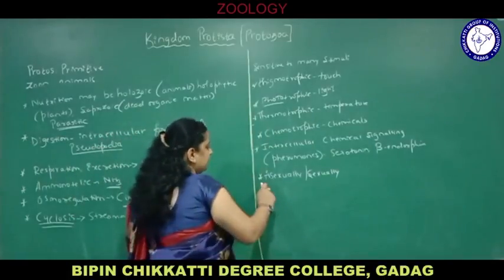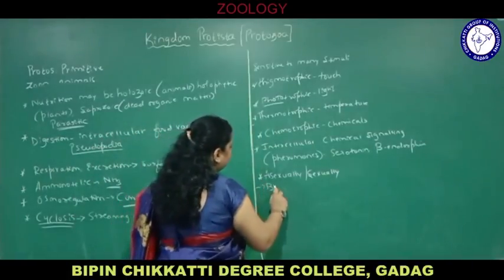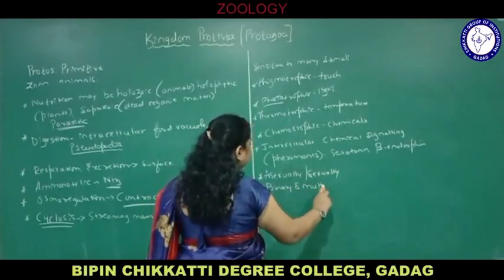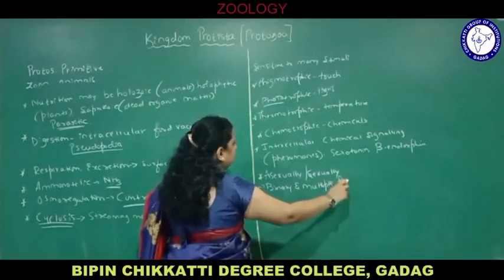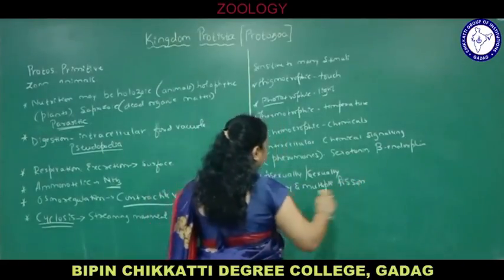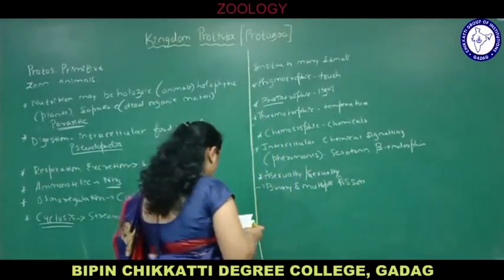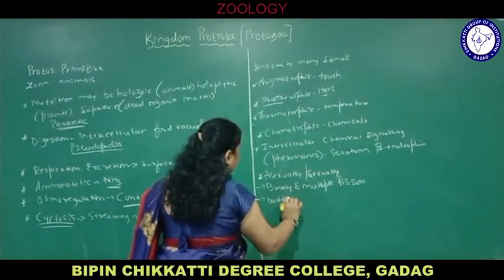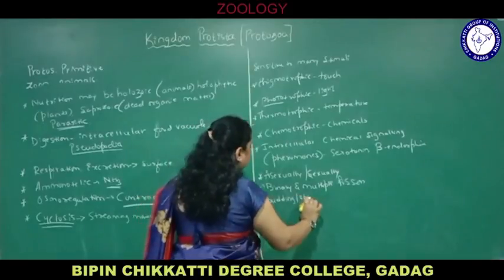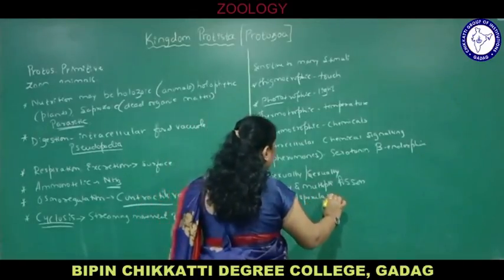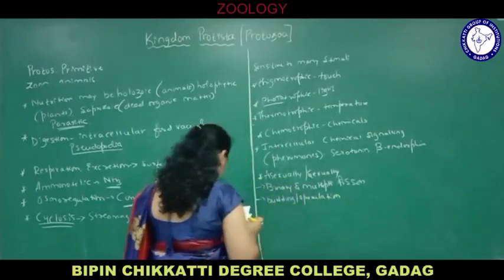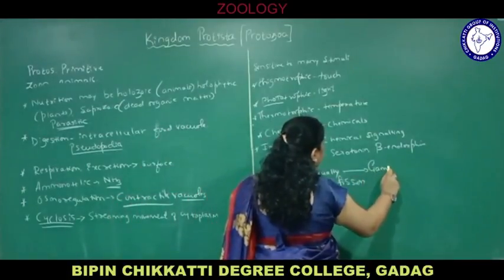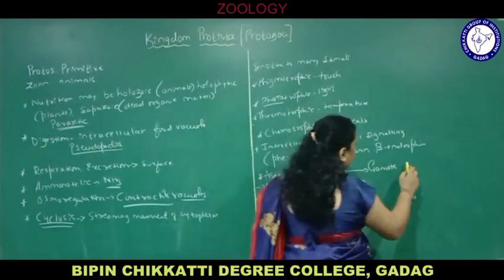So asexually they reproduce by binary and multiple fission, budding or sporulation, and sexual reproduction by gamete formation. Gametes are the sex cells produced from gonads.